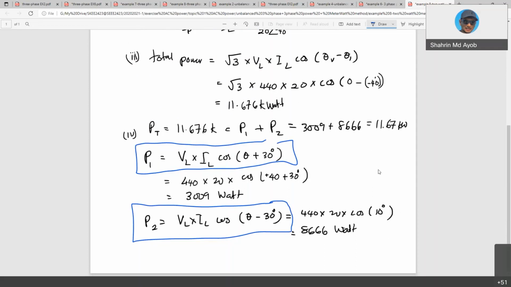But in your syllabus, it is appropriate to just know that wattmeter number 1 reads with theta, which is your power factor angle, theta V minus theta I, plus 30 degrees, and for P2 it is theta minus 30 degrees.